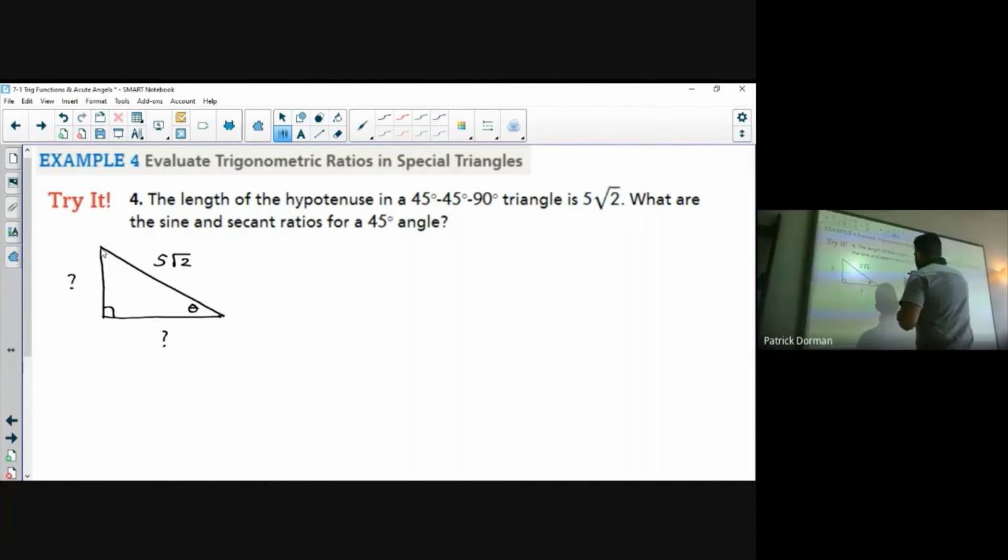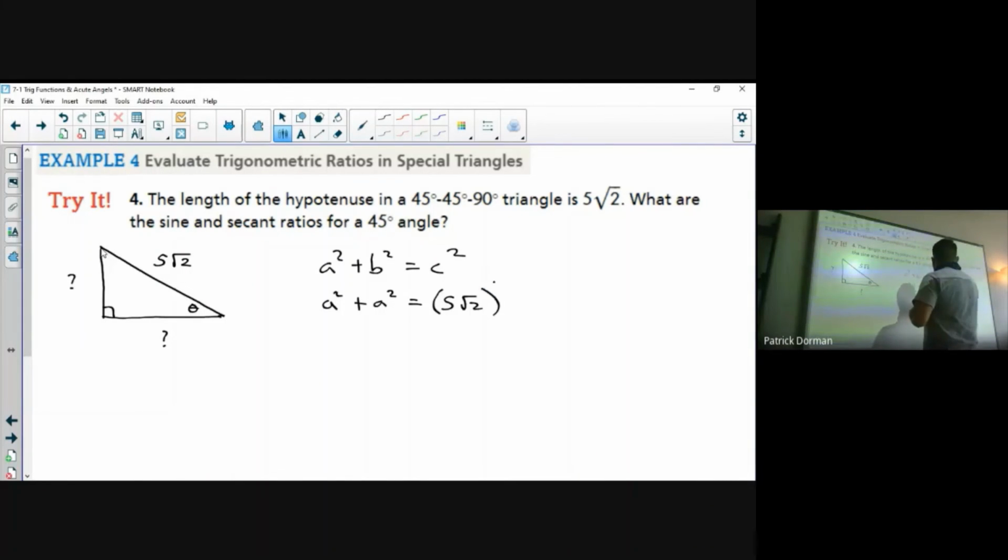So in other words, if I was going to go a squared plus b squared equals c squared, right? Well, a and b are the same, right? So I can just say that a squared plus a squared is equal to, and in this case, c squared is 5 root 2 squared. And so if I add those together, I get 2a squared. And then when we square this, we're going to square each thing separately.